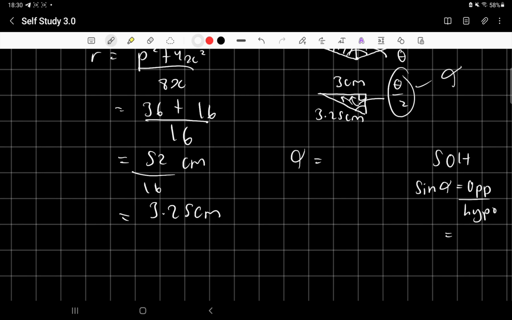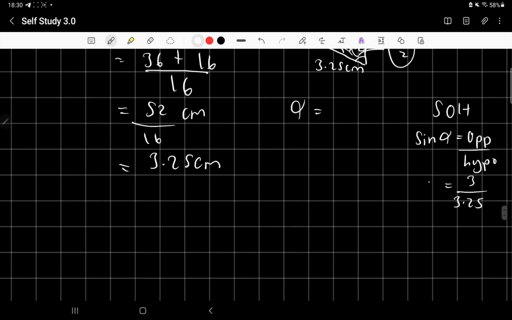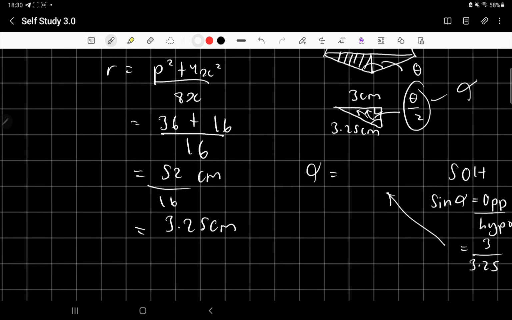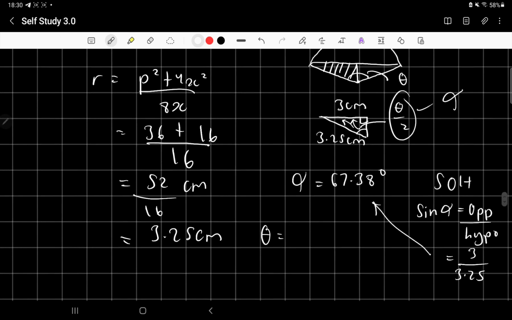So the opposite value should be 3, while our hypotenuse value should be 3.25. So what will be our angle? Well, it should be the inverse sine of 3 over 3.25, so it should be 67.38 degrees.